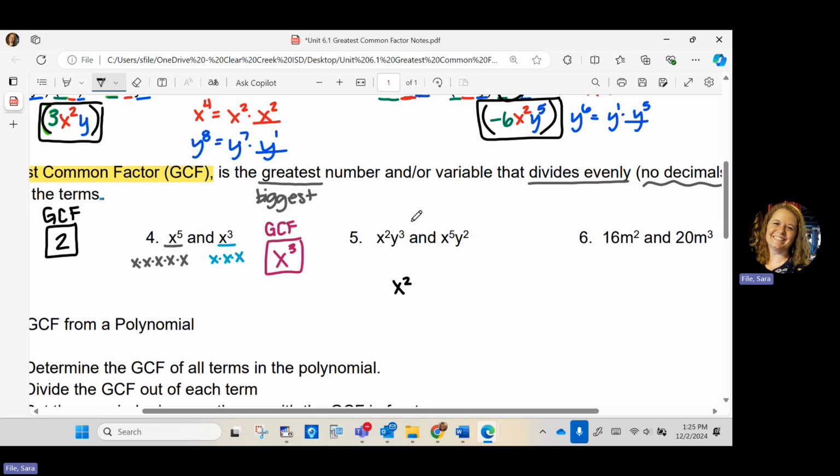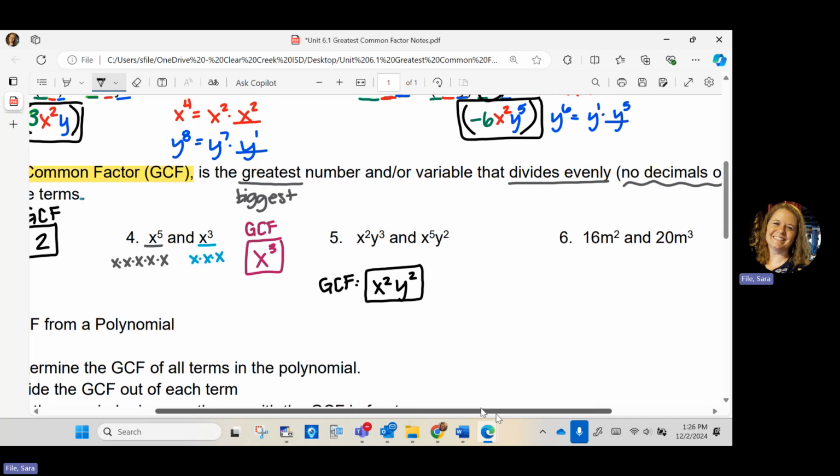So what's the most number of y's you can take out of both? Y squared, the smaller of the 2 exponents. So your GCF, when you're dealing with variables, is the smallest exponent for the base that they have in common.